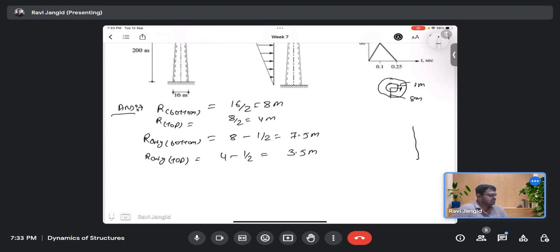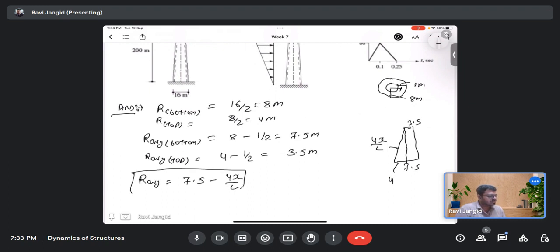It is 7.5 at the bottom to 3.5 at the top. The difference is 4, so it will vary as 4x by L. So r average is 7.5 minus 4x by L. Is there any doubt up to this?